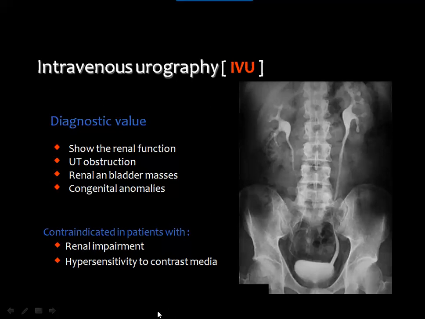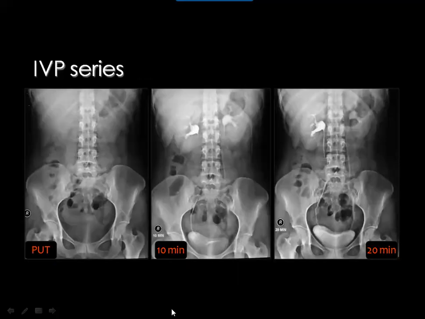Then there are two obstacles against injection of the patient with contrast, and they are the presence of poor renal function, serum creatinine above 3, and major hypersensitivity to contrast media, and these are two factors preventing the patient from being injected with contrast.